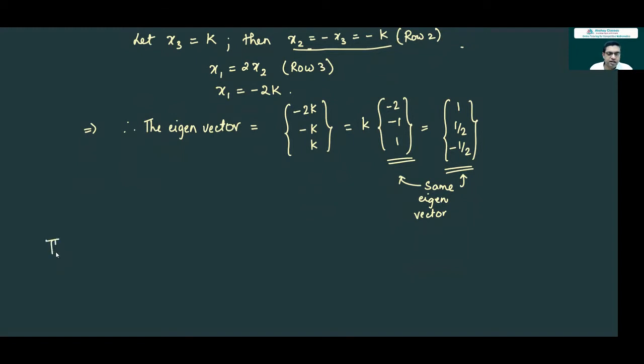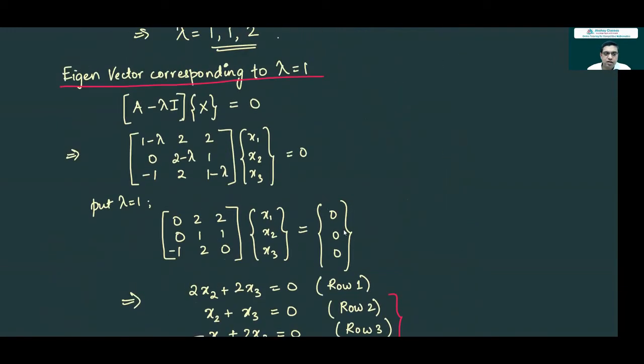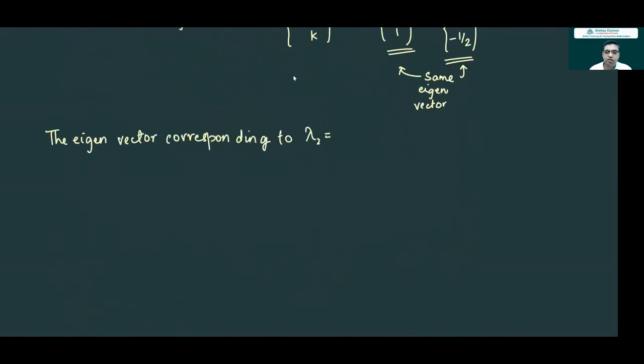Then the eigenvector corresponding to lambda 2, or I'll just write lambda equal to 2 because there are only two distinct eigenvalues.